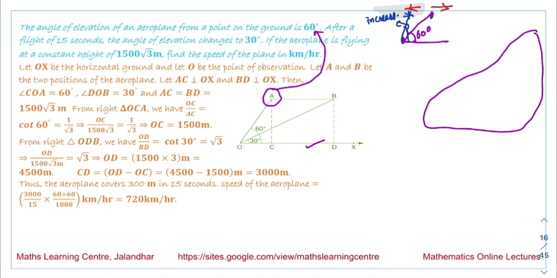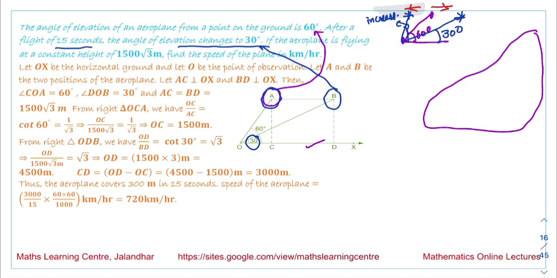But what is given to us is that after 15 seconds the angle of elevation changes to 30 degrees. It means after 15 seconds the aeroplane is at this point, and that is why the angle of elevation changes to 30 degrees. So originally the aeroplane was at point A. Now after 15 seconds the aeroplane has reached this point B, and the angle of elevation corresponding to it is 30 degrees.